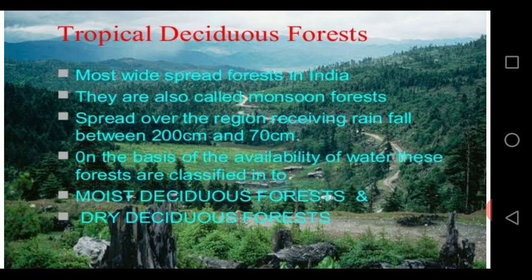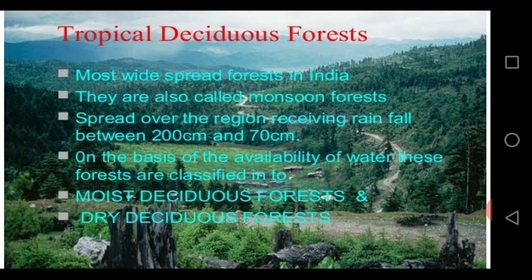On the basis of availability of water, they are classified as moist deciduous and dry deciduous. There are two types of deciduous forest: moist, which is found in the wet regions, and dry, which is found in the dry regions.